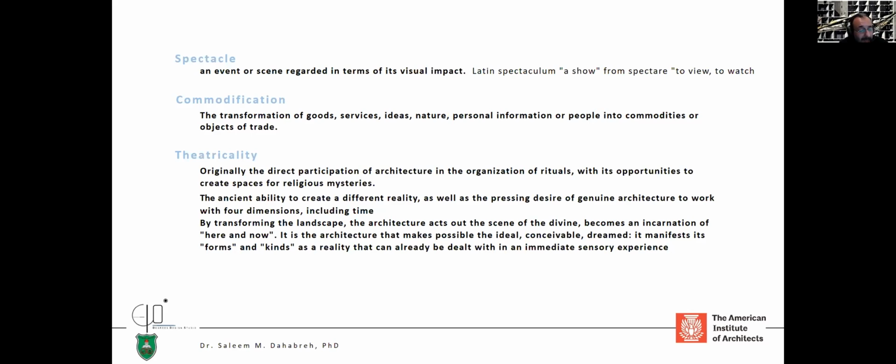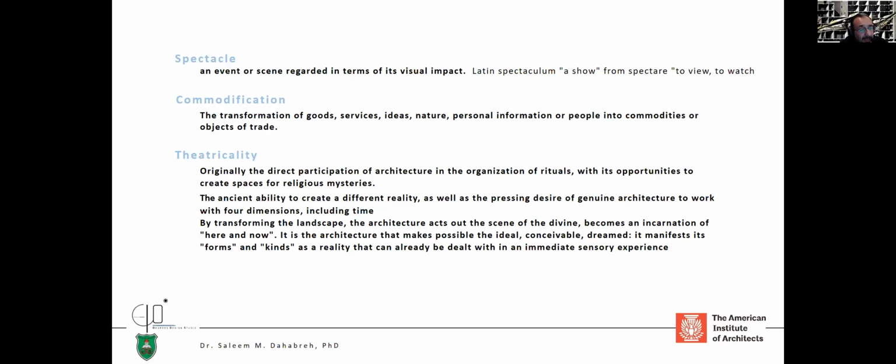We're going to talk about theatricality. Theatricality in architecture is a term that was introduced by Semper, and it refers to the direct participation of architecture in the organization of rituals, usually to create religious mysteries, usually to create drama. It means that architecture creates a different reality that incorporates the 4Ds of architecture.